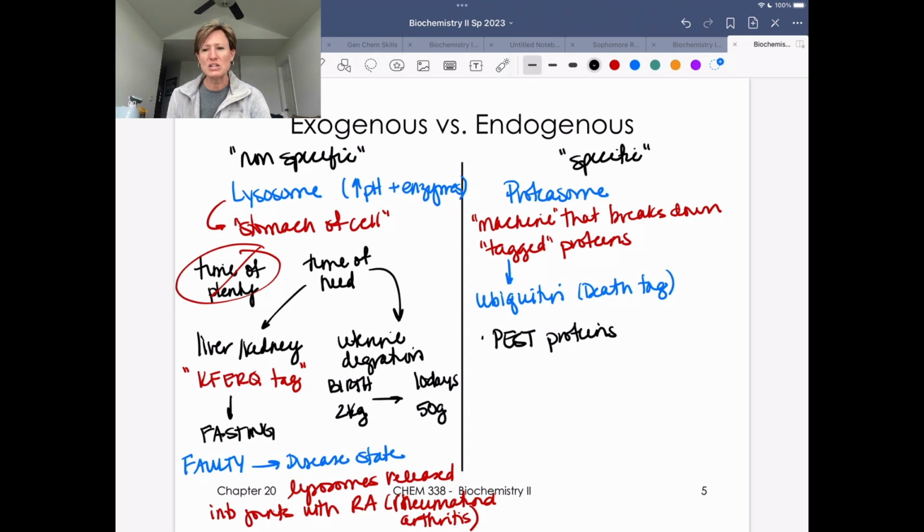Okay, so PEST proteins are going to be things that are frequently tagged with ubiquitin. Importantly, what we see on the N-terminus, the N-terminal tag, is important to determine how quickly something might be tagged with ubiquitin. So as an example, if you see something that might have, let's see, DRLKF.